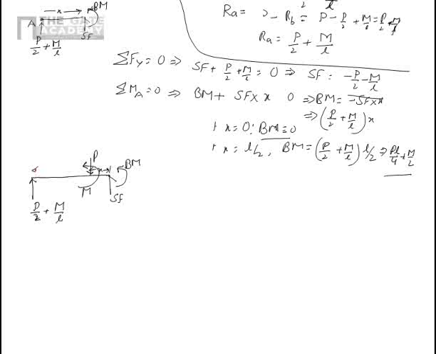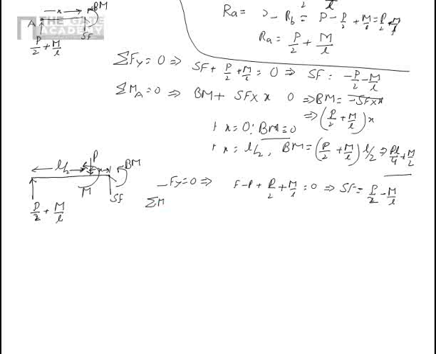Now that distance is x and this is L by 2. Now I take the equilibrium of this and say sigma Fy is equal to 0. That means there are now three forces, SF minus P plus P by 2 plus M by L is equal to 0. That means SF is equal to, this will go here, so that will become P by 2 minus M by L.